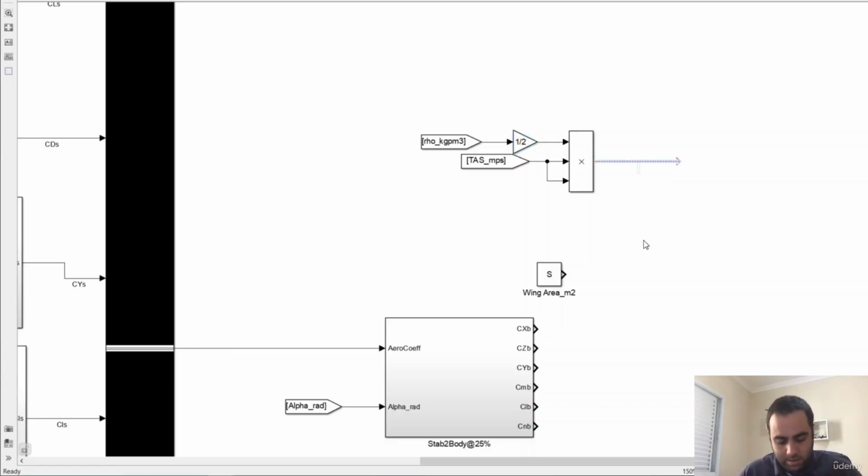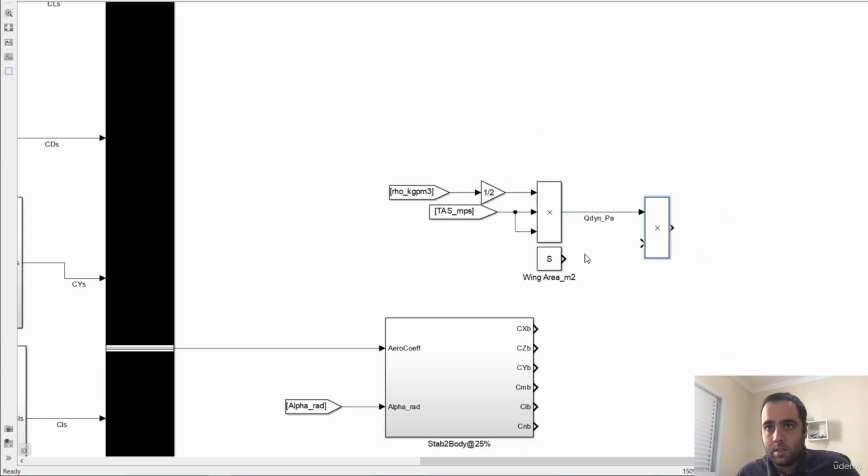This here is our dynamic pressure in Pascal. Now I'll multiply these together, and we'll have Q times S.